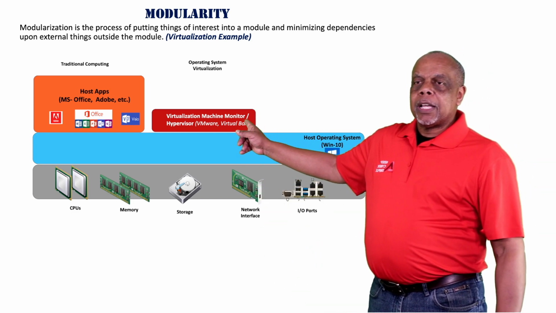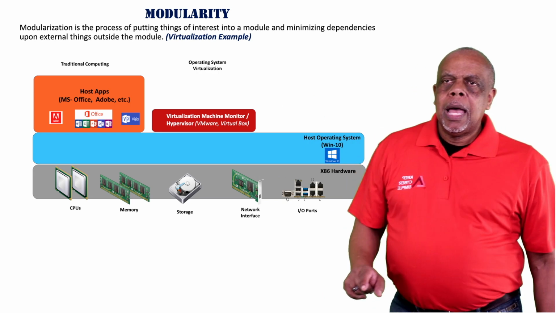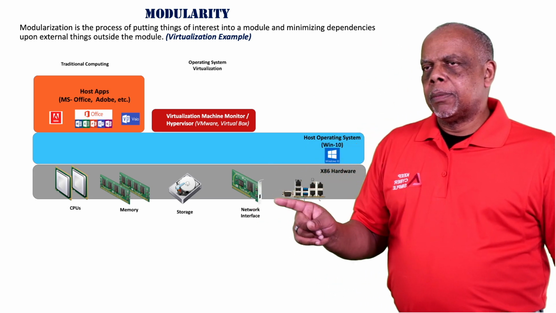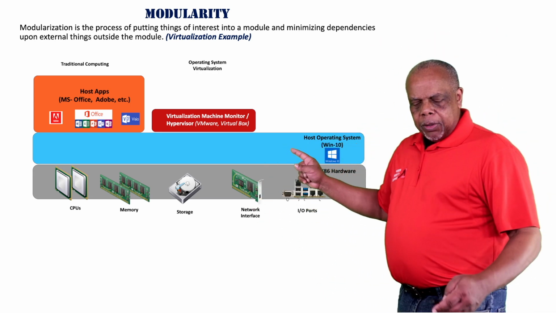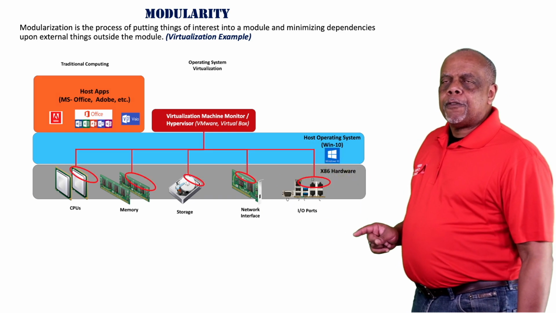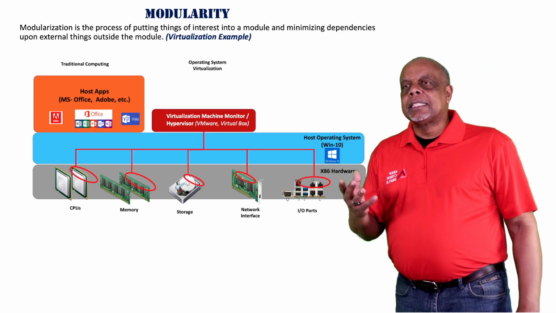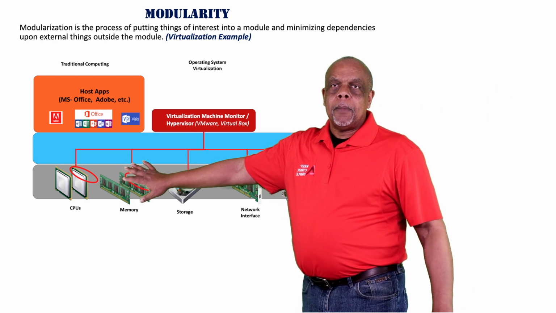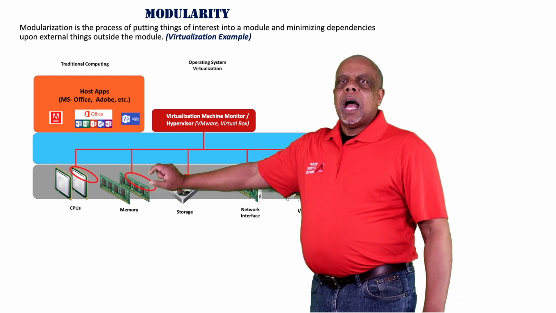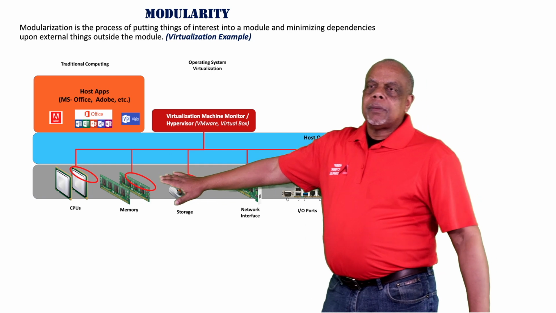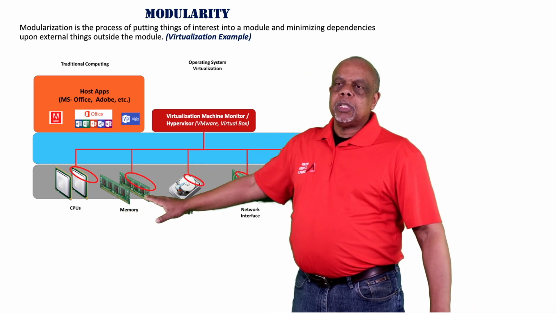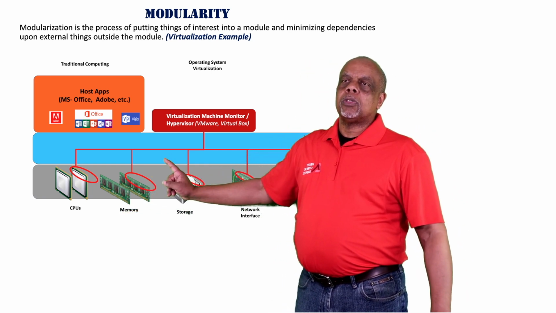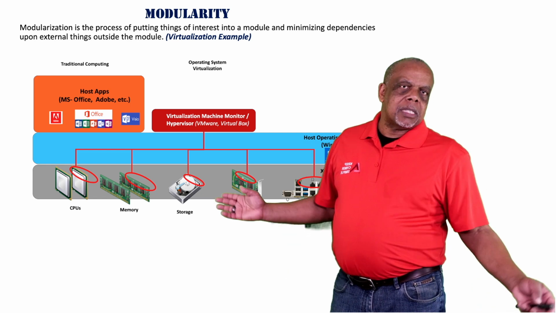But what the hypervisor does, it says, you know what? I know you're not using all that hardware, so I am going to provision some of that excess CPU power you got. Maybe you have a multi-core machine. Well, I'm going to use one of those cores. You've got 64 gig of RAM and you're only using 16. So I'm going to use another 16 gig of the RAM that's not being used.